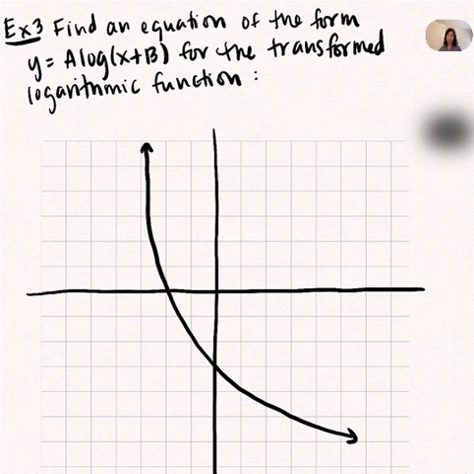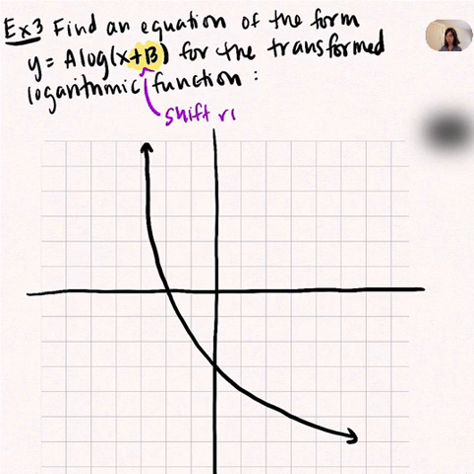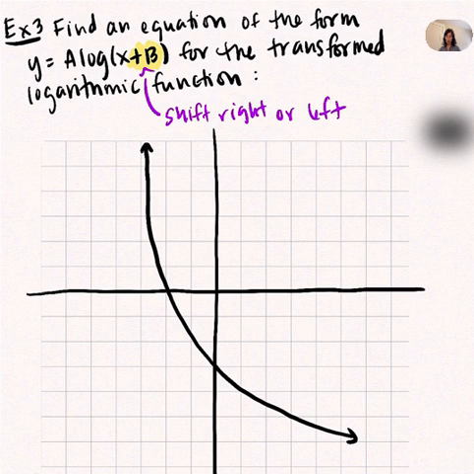Now remember, if you add a b inside here, that's a shift right or left. Now we know what the basic log functions look like.